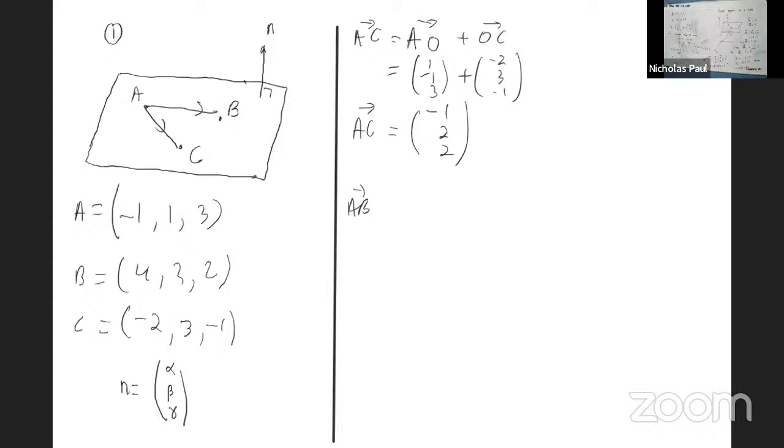And then we're going to find AB. You could find BC if you want. It doesn't really matter. So we're going to find AB. AB will be A to O, 1 -1 -3. Made a mistake there. What did I say? It's -1, 1, 3. Sorry, I forgot to put the minus sign there. So that's -4?